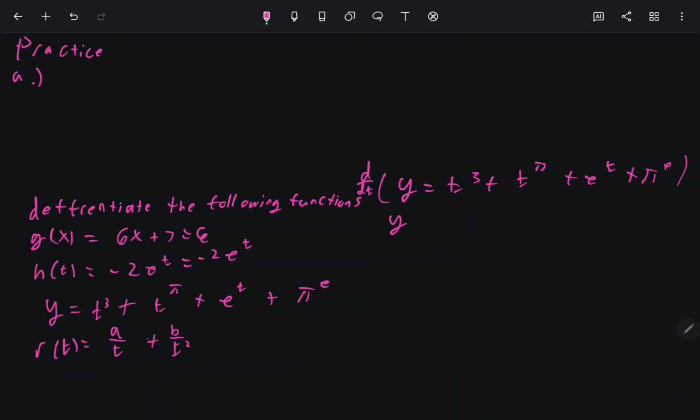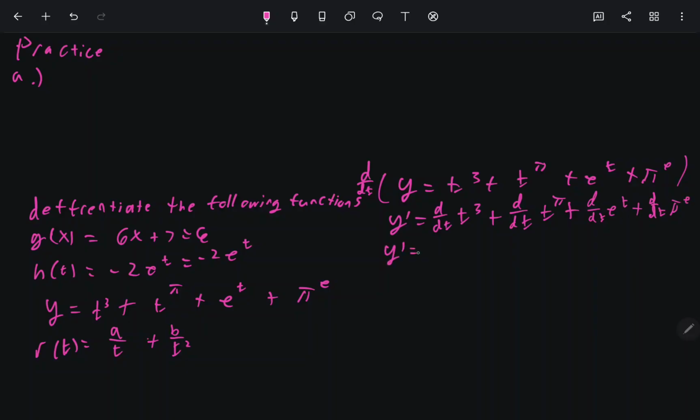So we get y prime is the derivative with respect to t of t cubed plus the derivative with respect to t of t to the power of pi plus the derivative with respect to t of e to the power of t and plus the derivative with respect to t of pi to the power of e.